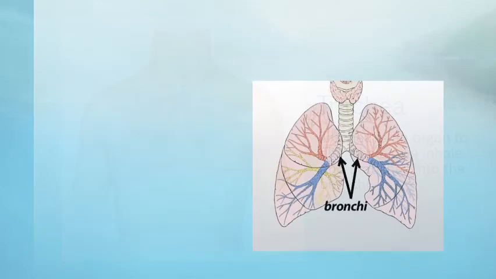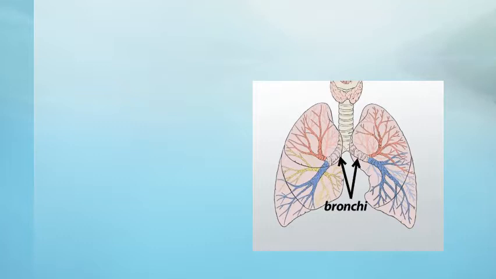Okay, so about bronchi. Just have a look at the picture. This is bronchi. The bronchial tubes are lined with tiny hairs called cilia that move back and forth, carrying mucus up and out.